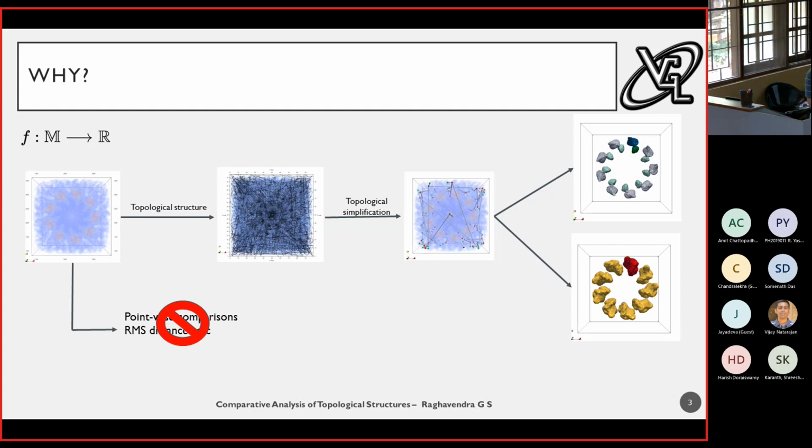By doing this whole process, we can capture the symmetry which is present in the protein, and also we can capture it in multiple scales. For example, the first image shows the symmetry captured in a lower scale, and the second image shows the same symmetry captured in a higher scale. So these multiple scales can be captured by this topological comparison.